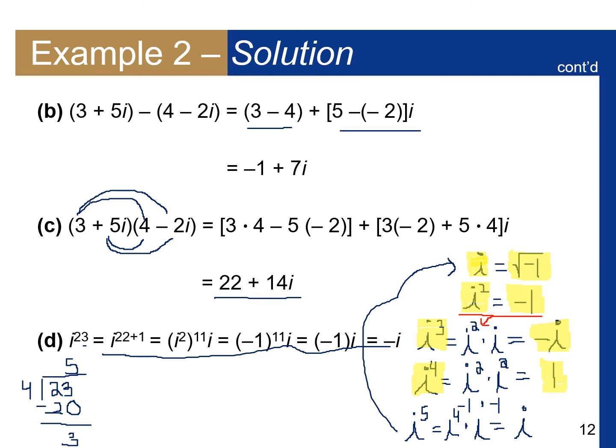So this remainder right here tells me that if I have i to the 23rd, I'm really looking at reducing it down to i cubed. And i cubed is equal to -i.